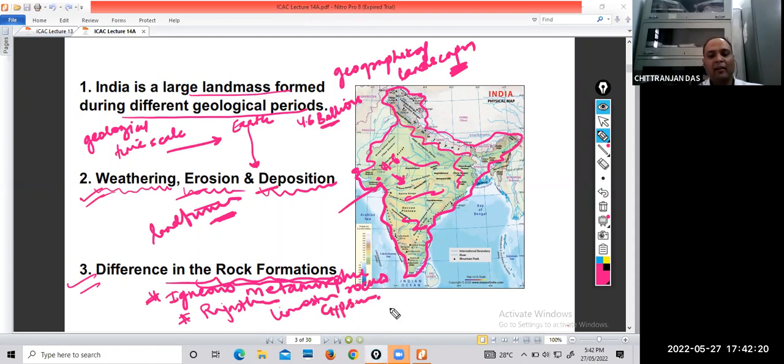In the Himalayas, sandstone, shale, all sedimentary rocks. So you can see different rock formations in different parts of India.